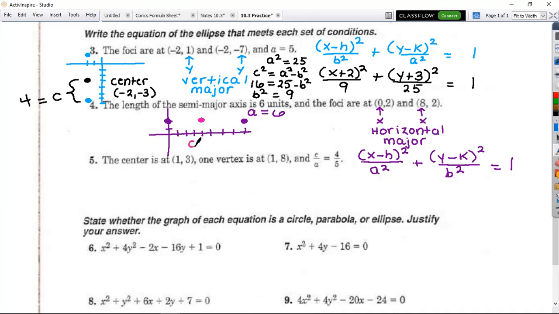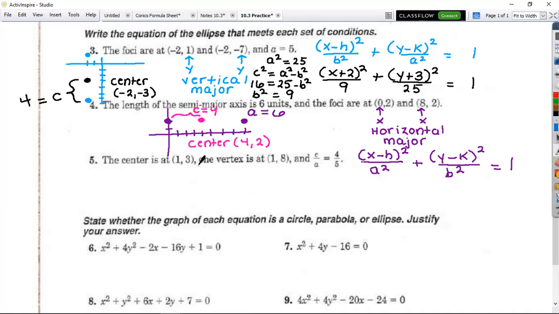So I have a center located at (4, 2). We'll slide those in a minute. And then now I'm going to count my c value, which coincidentally is the same as the other one. It's just 4 again. So c equals 4. Or you can use the other side. It makes no difference whatsoever.